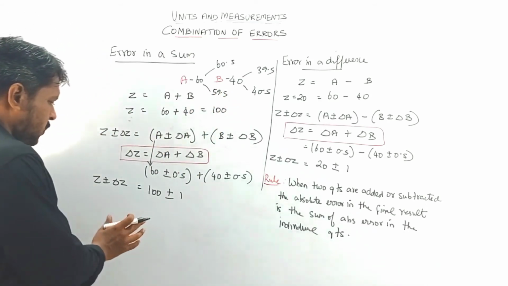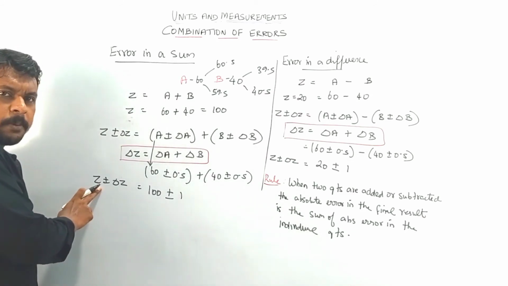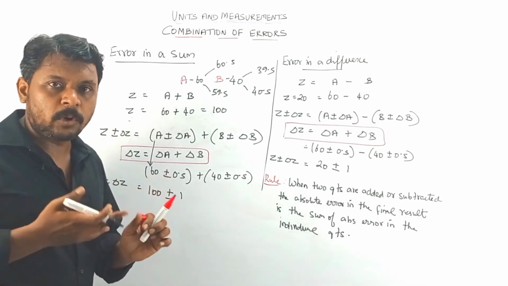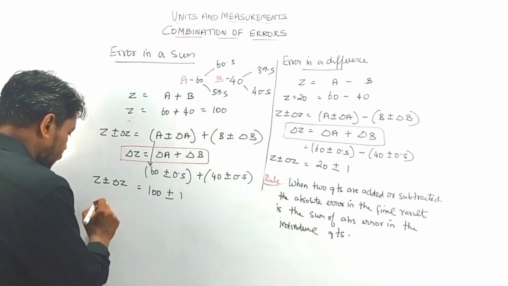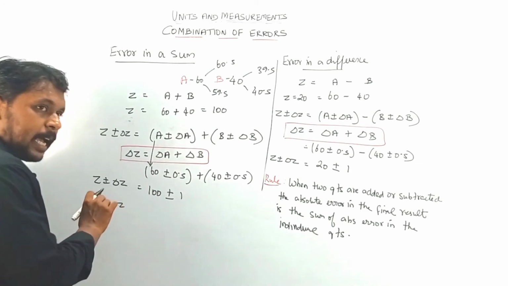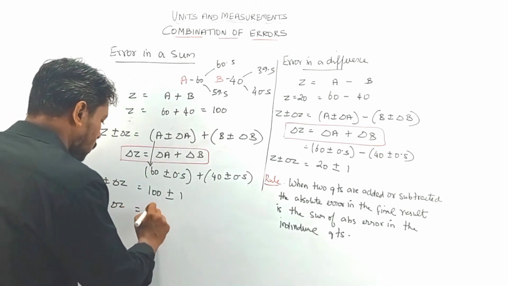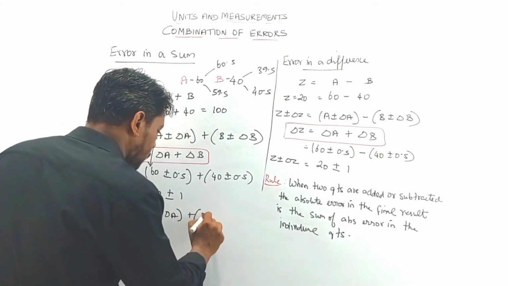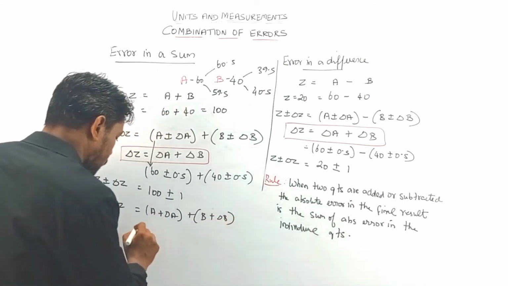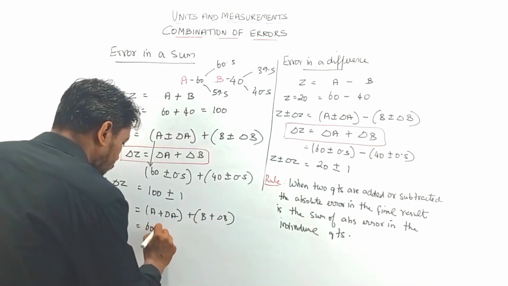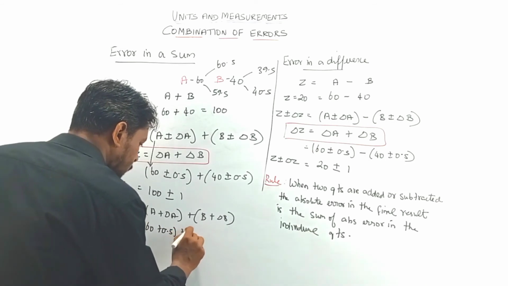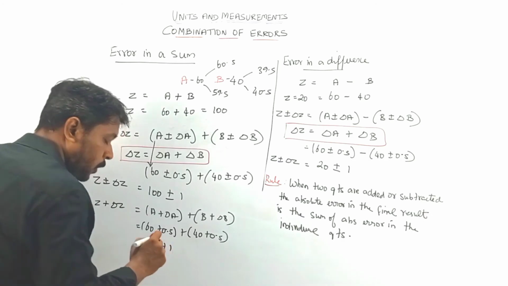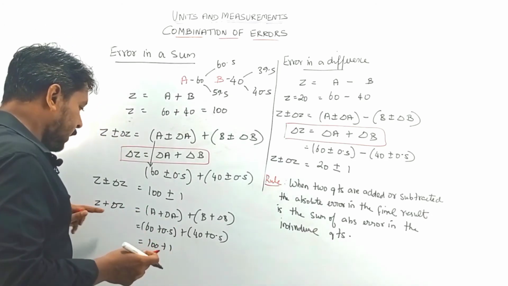Let us verify. We are getting Z plus or minus delta Z is equal to 100 plus or minus 1, so it can be either 100, 101 or 99. Let us do it individually with plus and separately with minus. A plus delta A plus B plus delta B: 60 plus 0.5 plus 40 plus 0.5, this is 100 plus 1, so it is 101 when you take all as plus.